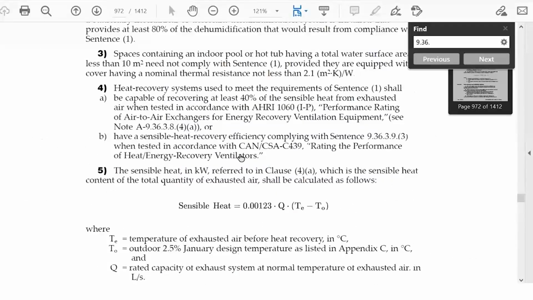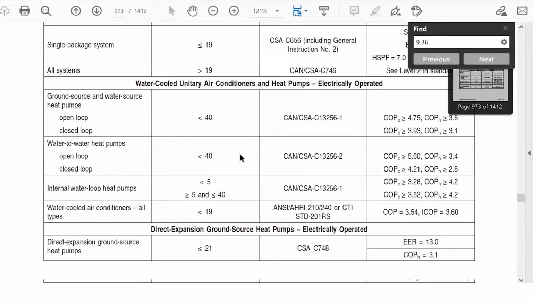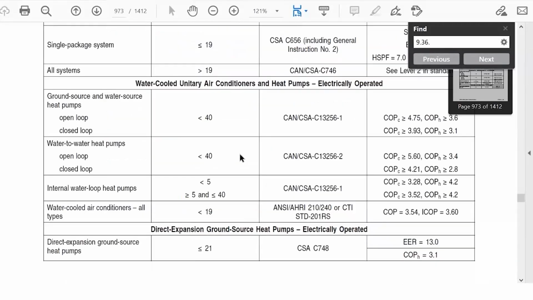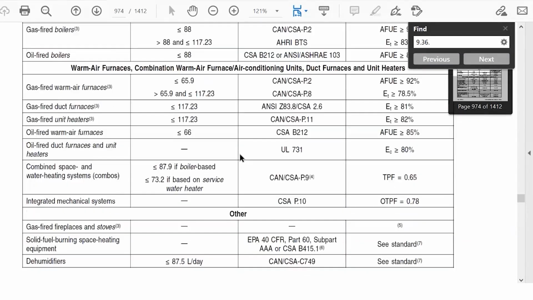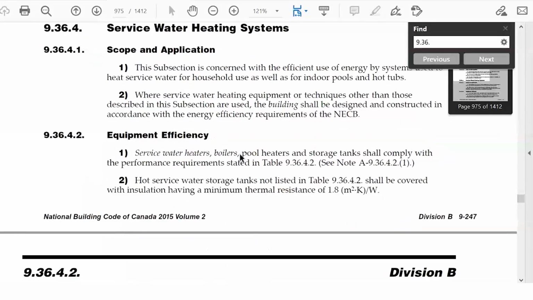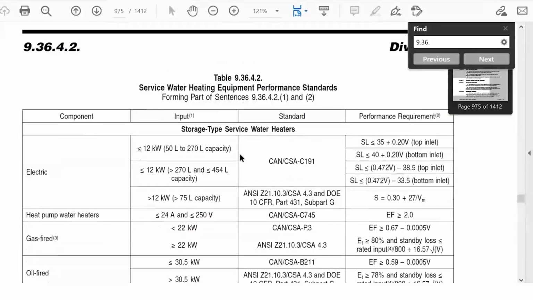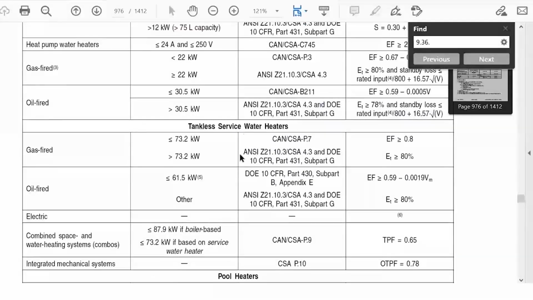You follow the specification and the calculations in terms of what are the specifications related to HVAC equipment efficiencies and the capacity of each one of them, what specifications we have for the unit heaters, solar systems, and then we have heating systems. Again, the equipment efficiencies and depending on the type of equipment that is used.